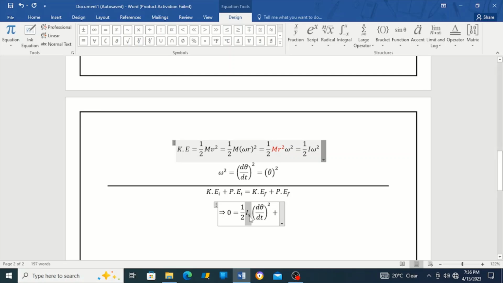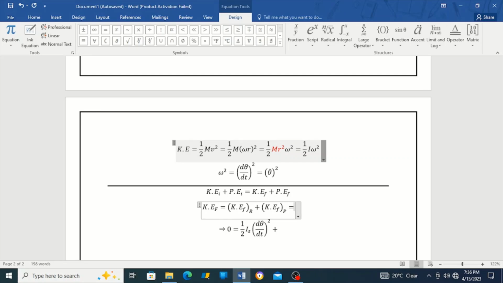Okay, don't get confused here. Let me just try to explain so that you don't get confused. The final kinetic energy of the system is equal to KE final for the rod plus KE final for the particle of mass m, let's just say the particle is p.